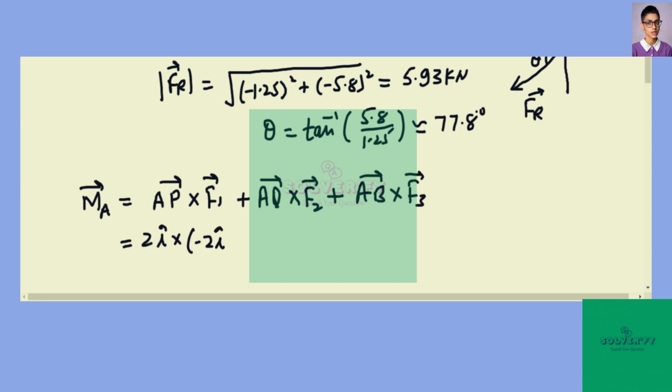Now from the figure you can see the AP vector is 2 i cap, cross F1, which is minus 2 i cap minus 1.5 j cap. AQ is 4 i cap cross the F2 vector, 0.75 i cap minus 1.3 j cap, plus the AB vector. AB vector is 8.